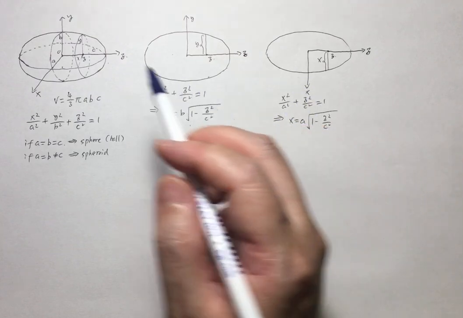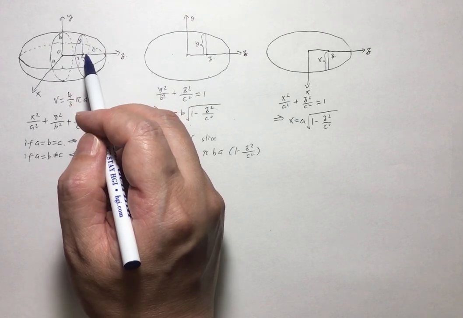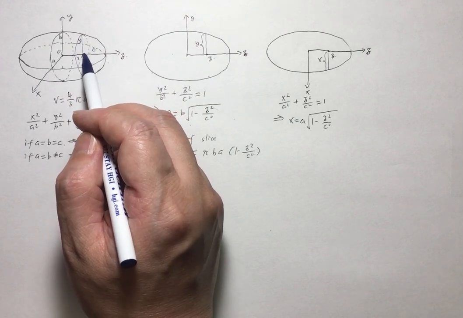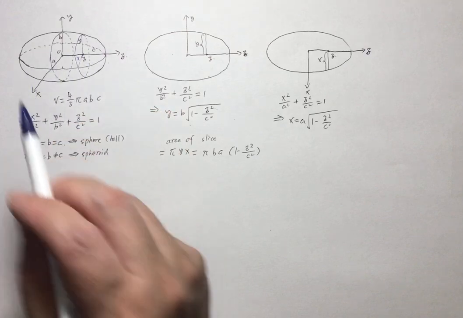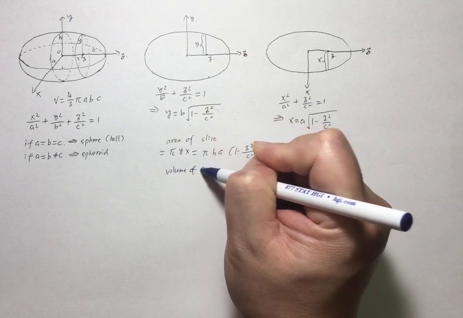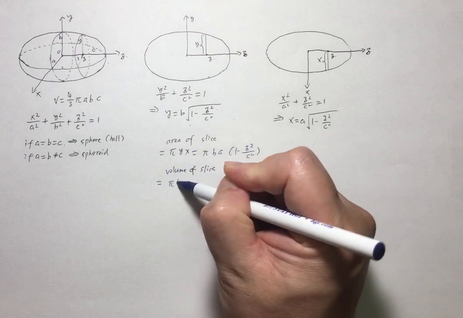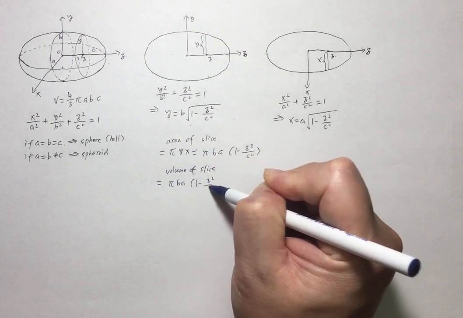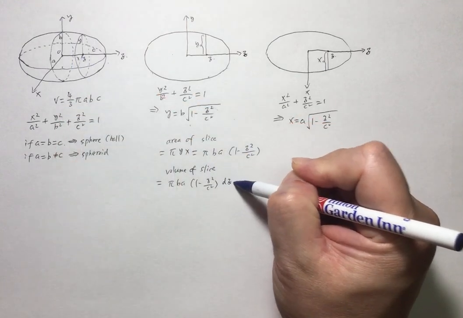And then to get the volume of these slices, we need to know the thickness. Here the thickness is so thin, we set the thickness as dz. So the volume of a slice is the surface area, we rewrite it here, multiplied by the thickness, which is dz.